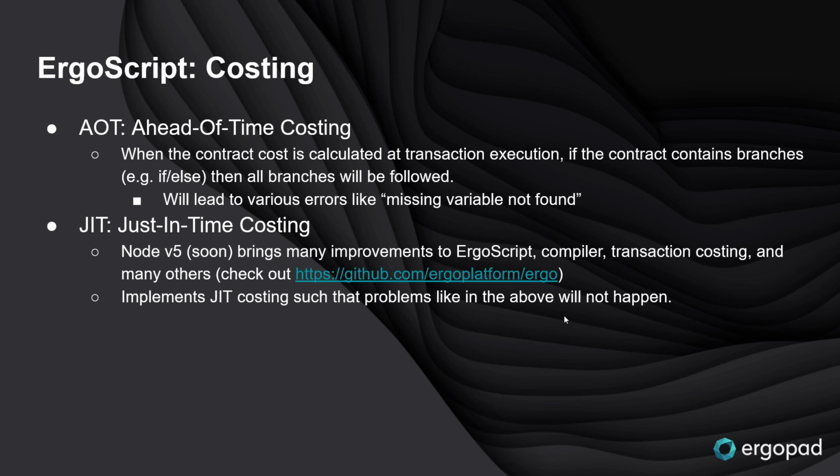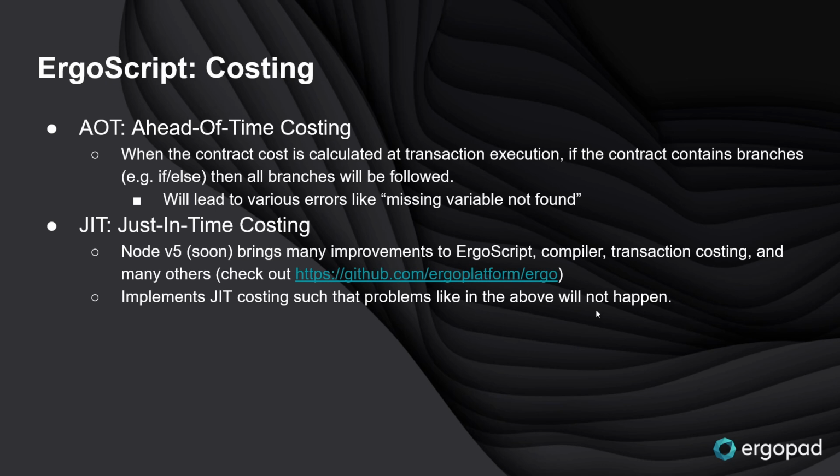In one branch, some variable is defined and used, but in the other branch, since the condition wasn't met, some other variable is used. Since one of the branches is missing the variable, you have to create the variable and assign it some dummy value, even though you're not going to use it.